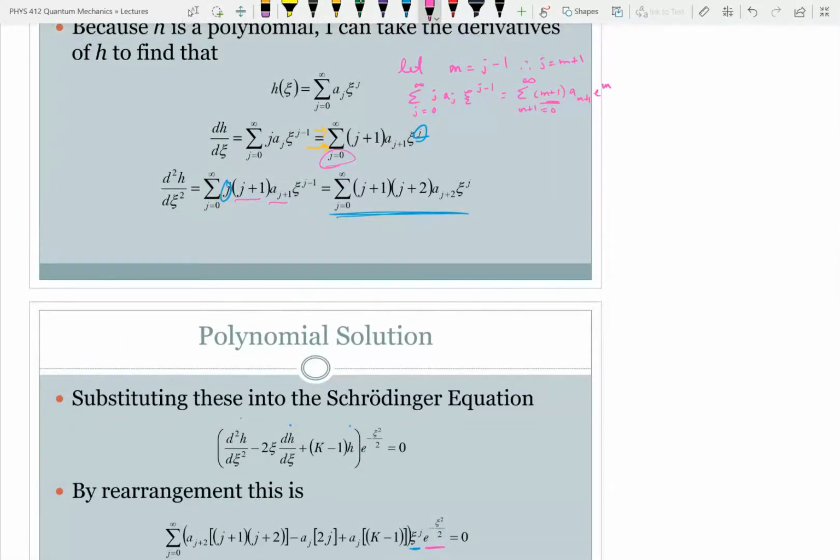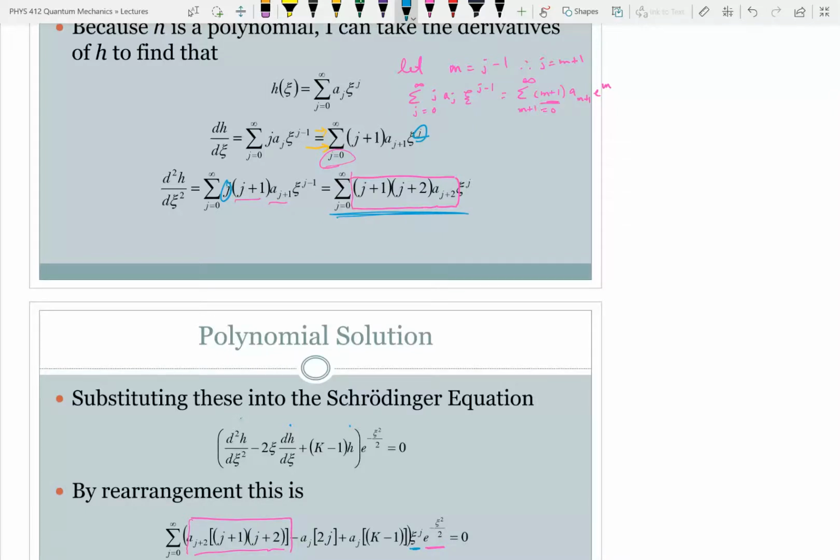And then we had 2 times c times the derivative. So that's, wait a minute.